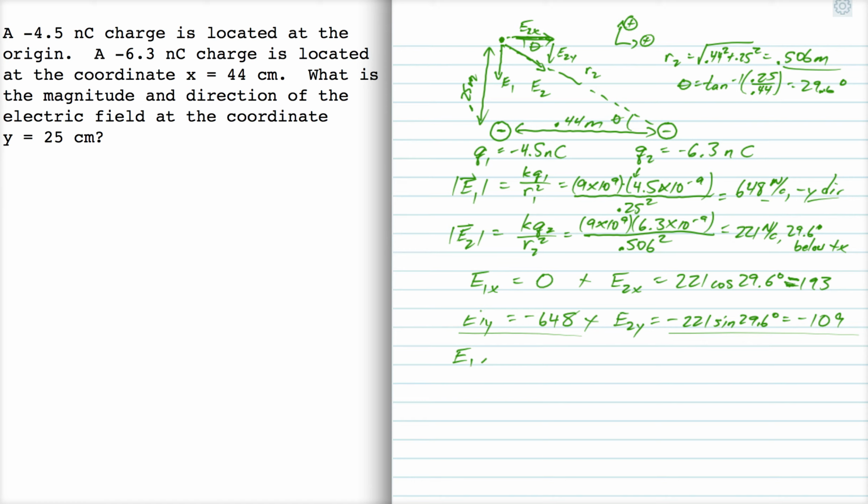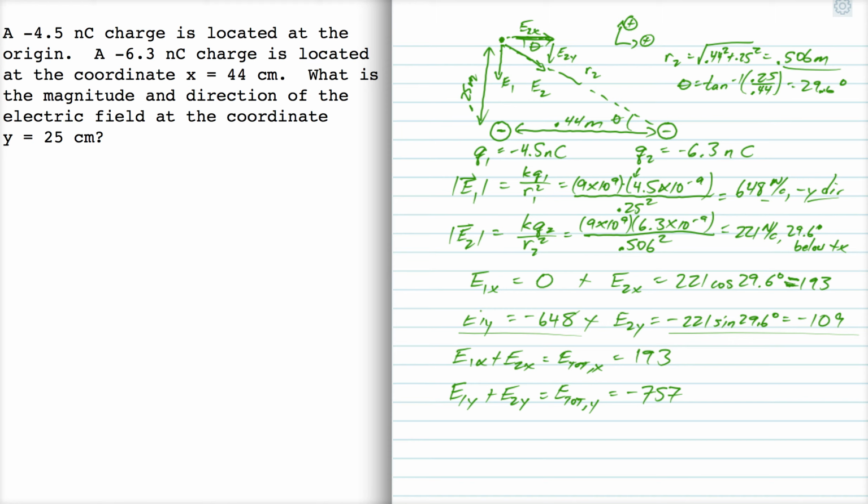Okay, so E1x plus E2x is equal to my total electric field vector in the x direction, and that's 193. And E1y plus E2y is my total electric field vector in the y direction. That's minus 648 minus 109, so that's minus 757.